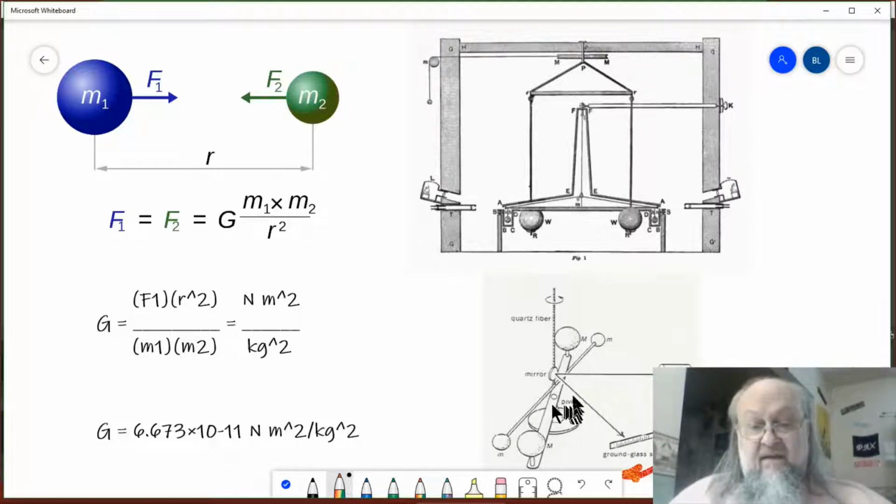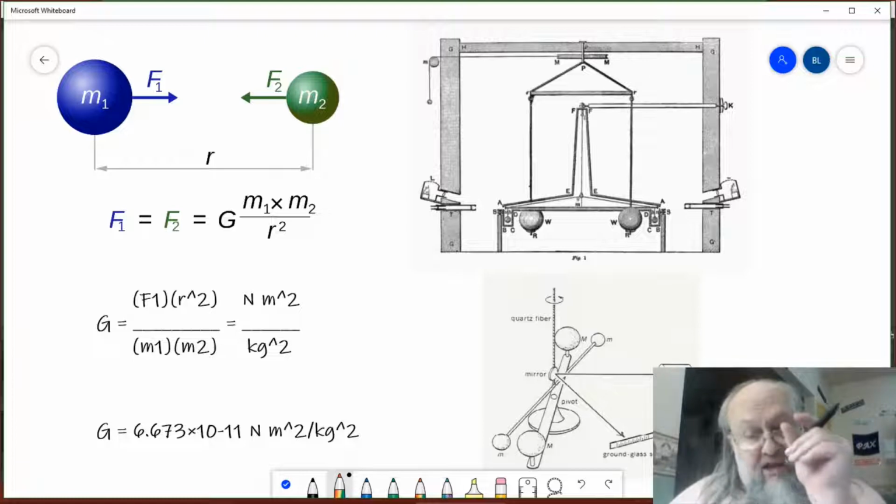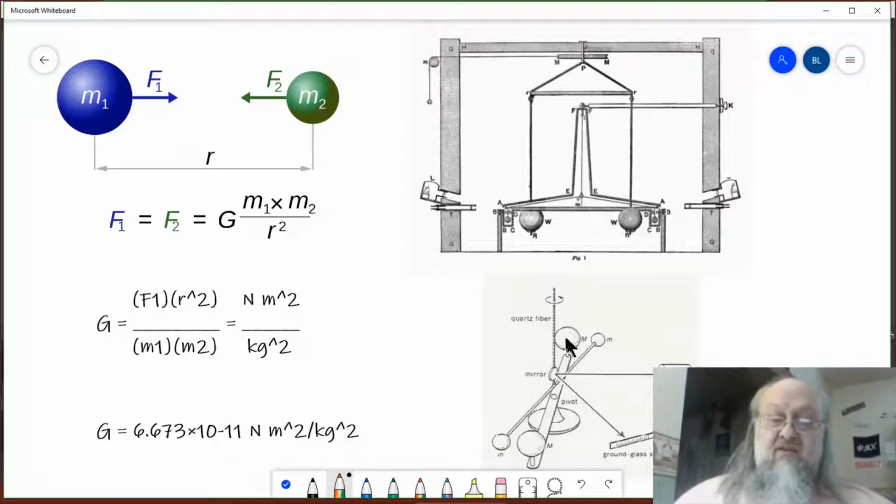And they use a mirror instead, and it does the same thing, because they shoot a light, and a teeny tiny change in the mirror moves, and you send the light wave way out here, that makes a bigger move, and it's easier to measure. So that's basically how Newton did it back in his days to figure out this formula.